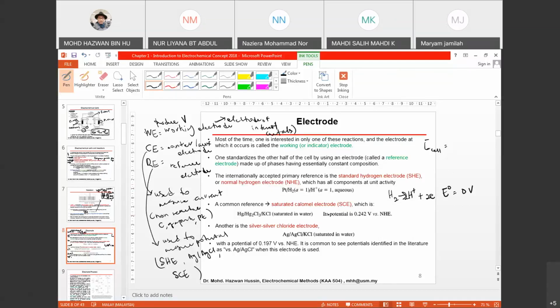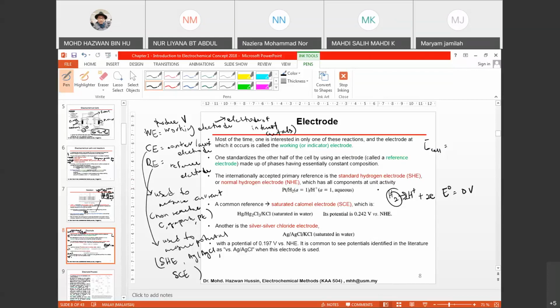All right. But the disadvantage of standard hydrogen electrode is that when you use hydrogen electrodes, hydrogen is produced. Then this hydrogen gas is considered explosive. You learned in high school that if you have anything exposed to hydrogen with a glowing splinter, what happened? It produces what sound? Pop sound.